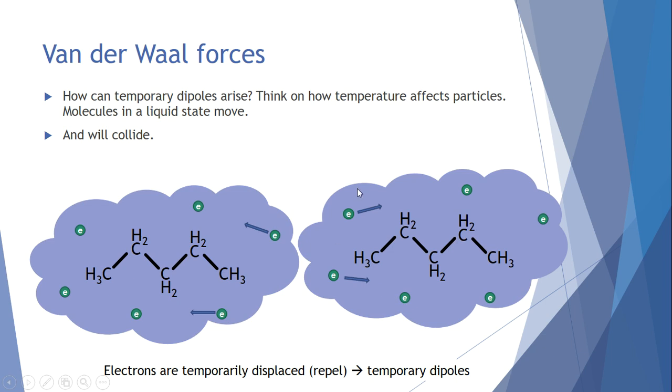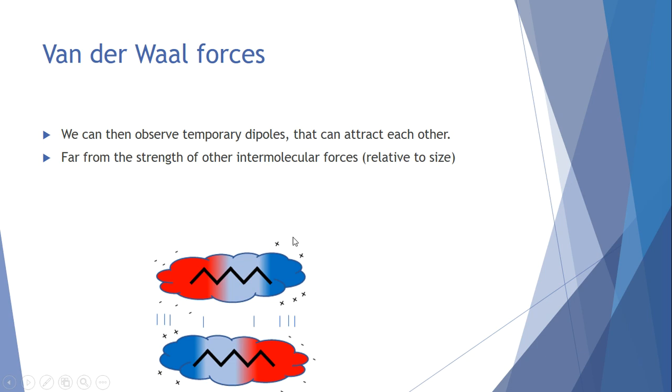They're going to be repelled and shifted into the sides of each molecule. And we're going to get something like this, that we're going to have a vaguely more concentrated negative charge on this side and a vaguely more concentrated negative charge on this side and a vaguely more positive charge on these sides that collided. And then they can have these interactions, but this is for a very short period of time, but they collide so quickly and so often that this is going to have a net effect, an overall effect that we observe when we look at these compounds.